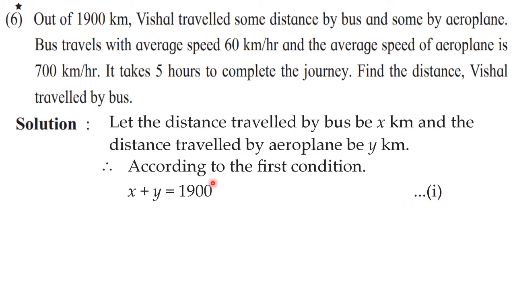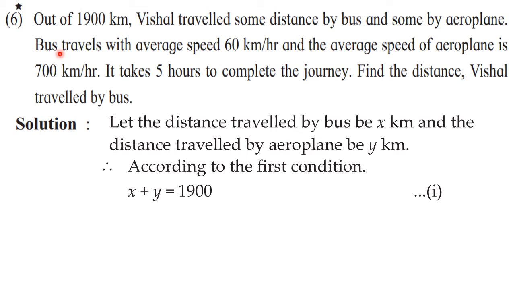Okay. Now here you will find the second condition, that it takes 5 hours to complete the journey. Means the second condition is given in the form of time. But before that, in the second statement here, we are provided with the speeds.